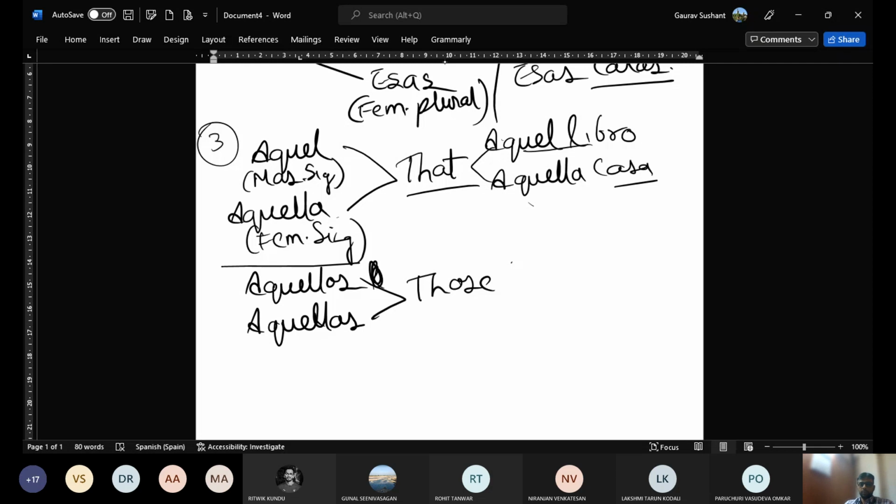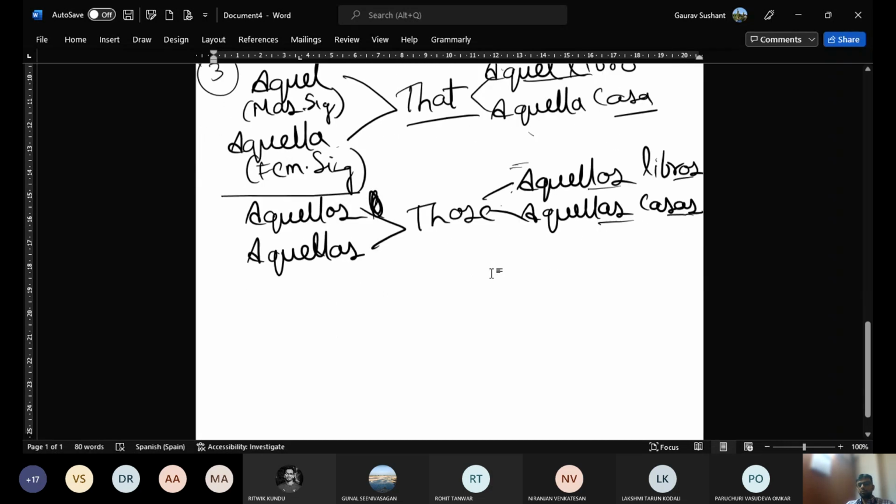Yeah. So if you are able to see or understand, it will be aquellos libros, okay, or aquellas casas. I'm taking same noun here again, okay, so that there is not much confusion. So we have used aquellos libros and aquellas casas.